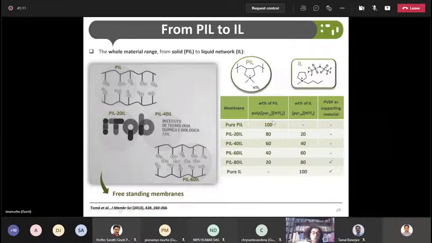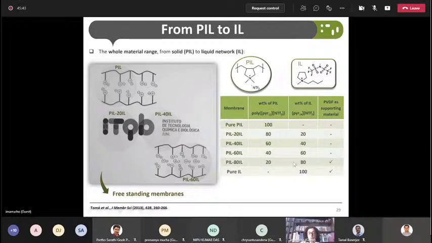Okay, so in this work, we tried to see how our polymeric ionic liquids behave when we add more ionic liquid to them. So here we went from 100% pure polymeric ionic liquid to pure ionic liquid. Here we do not have any polymer, and this 100 means that we have all ionic liquid.